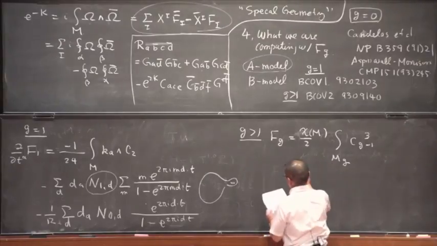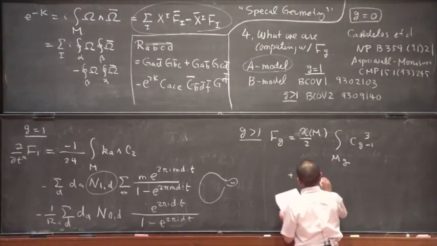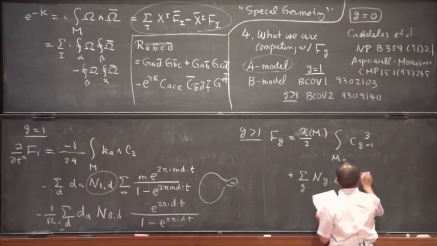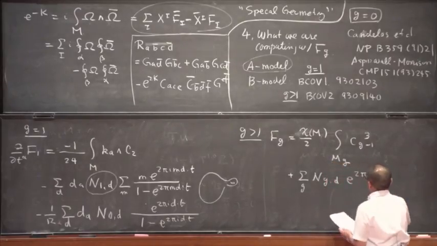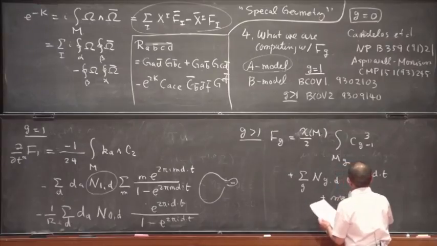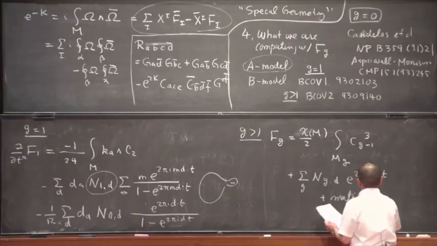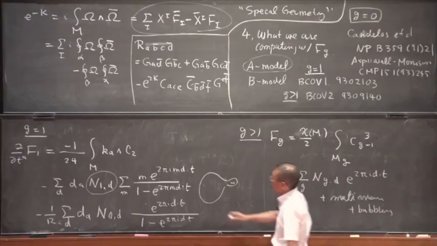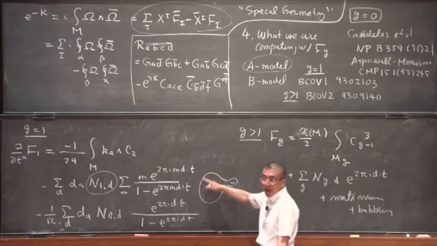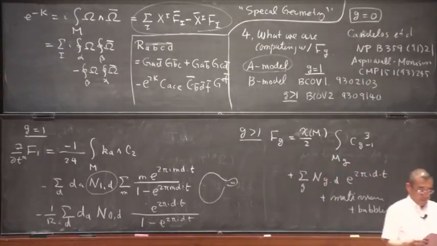And then you have a sum over genus G Gromov-Witten invariants. And then in addition, you have multi-covering plus bubbling. Multi-covering is something like this denominator formula, and bubbling is something like this for higher genus.